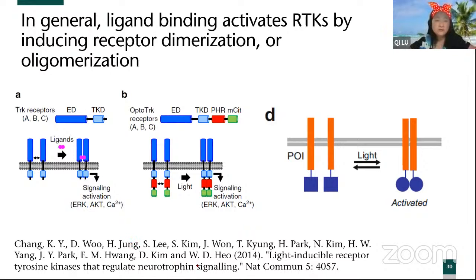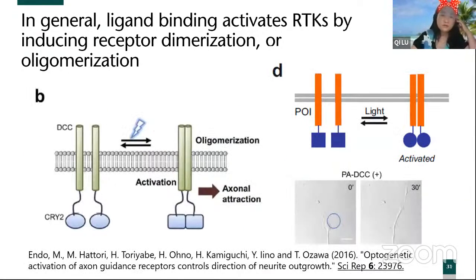And this 2014 result uses the light to cause the receptor tyrosine kinase to form a dimer and start protein-protein interactions, using light to activate this kinase signal.